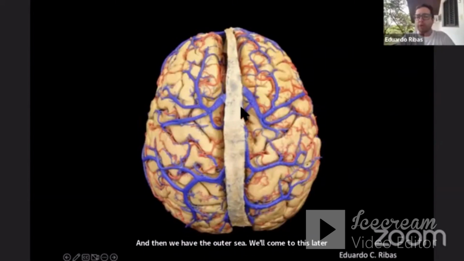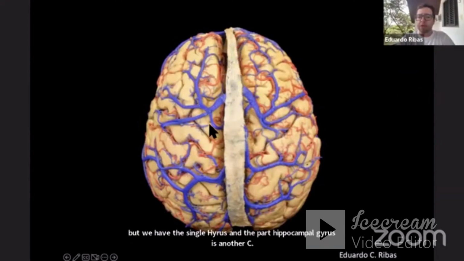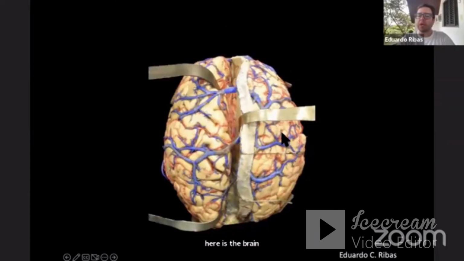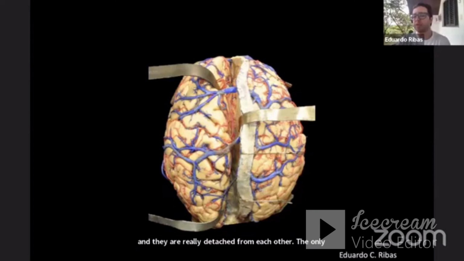Here is the brain itself, subdivided by the falx into these two cerebral hemispheres, and they are really detached from each other. The only structures connecting both cerebral hemispheres are the commissural fibers. The most important commissural fiber of mammals, including us, is the corpus callosum.